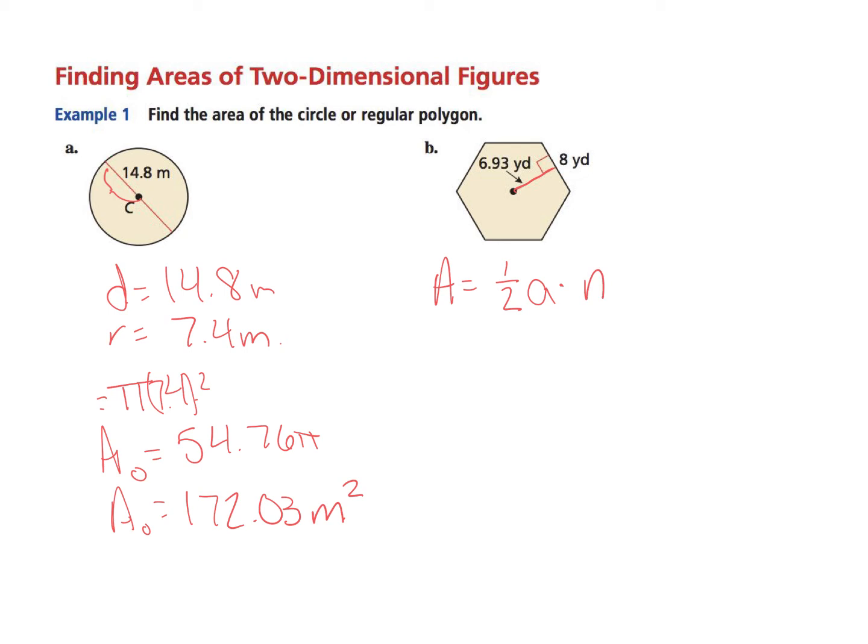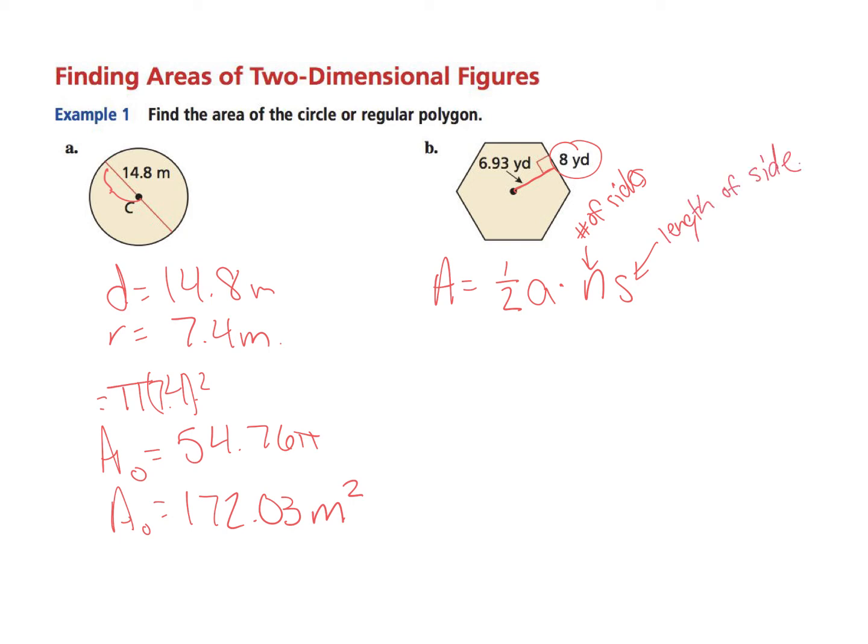So the n is the number of sides times the length of the side.